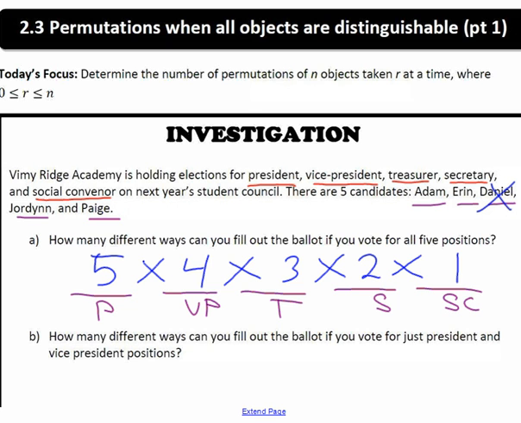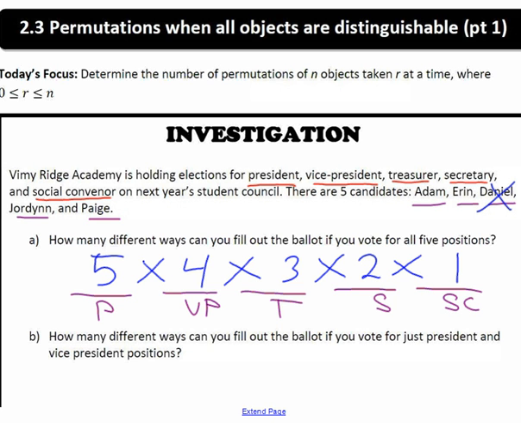You have to pick a president and a vice president and a treasurer and a secretary and a social convener. Because I said and in between all of those, we multiply. In this unit, and means to multiply. Increase your brain with that. Always remember that, and definitely remember that for the next unit test.